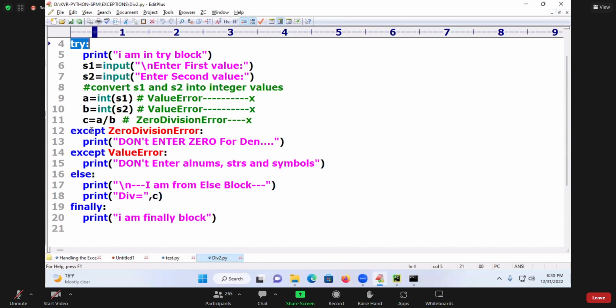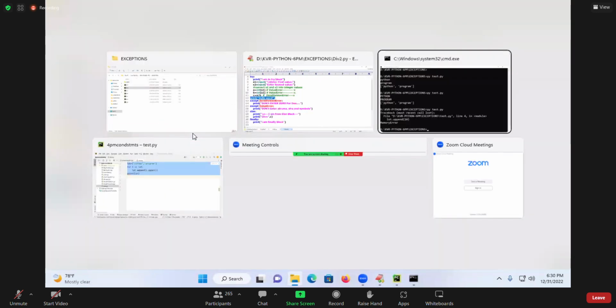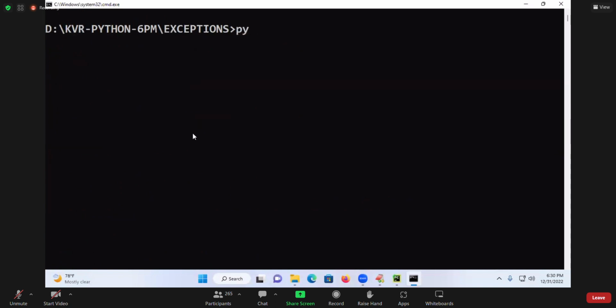So it is going to become mandatory syntax at this point. Once again, every try block must be immediately followed by an except block. In place of that, if I write something like hello world, some other statement after the try block, I am disconnecting the except and try, and you are going to get an error.